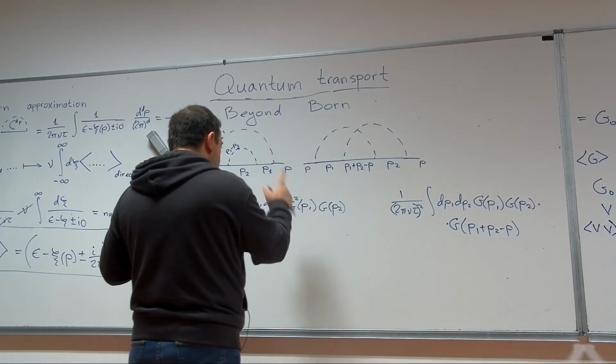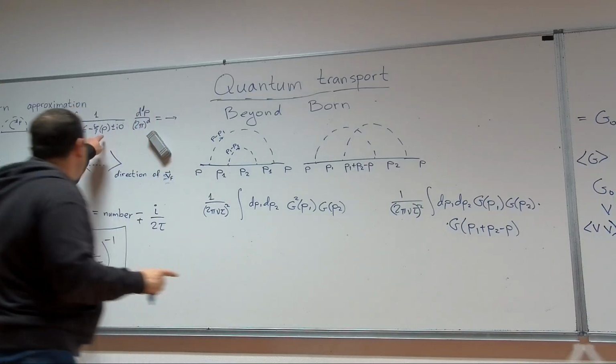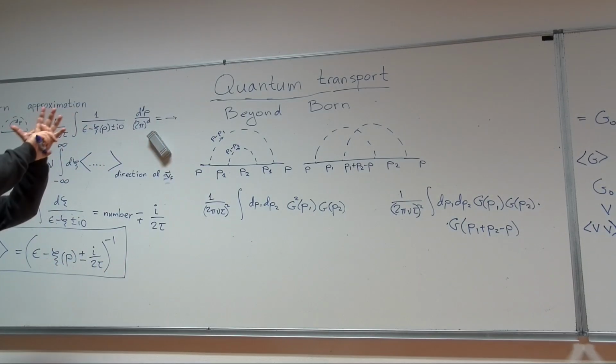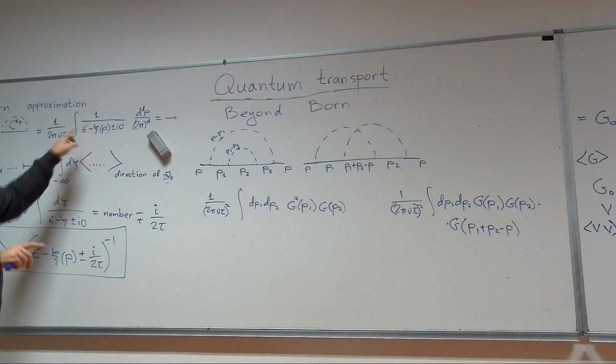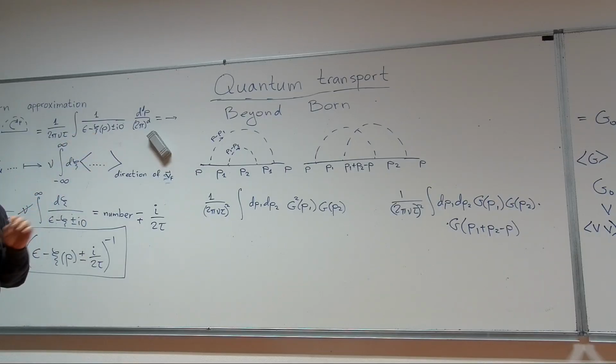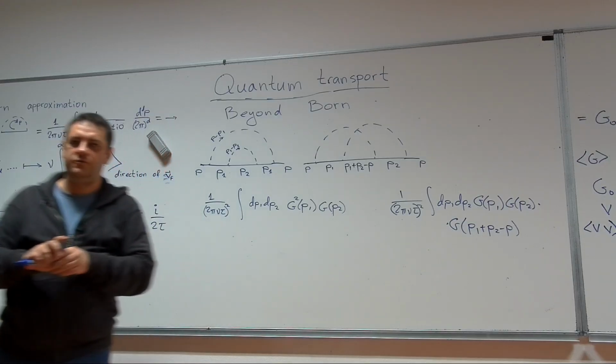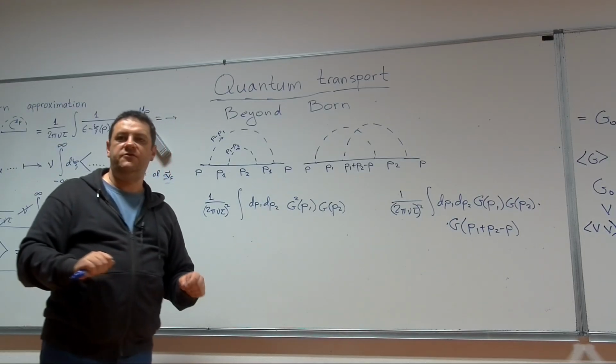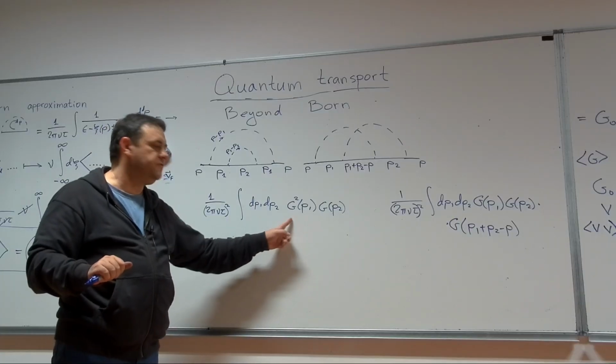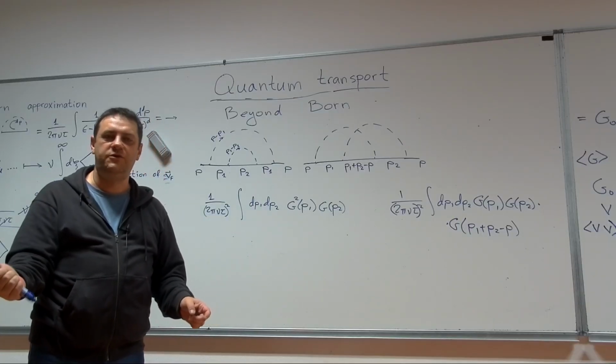So, as we already discussed, the green function has a very high peak when we get to the Fermi surface, when epsilon is small and psi is small. And for these three green functions here, I can do it very well. I can say P1 is near the Fermi level, so this green function has almost 0 in the denominator.